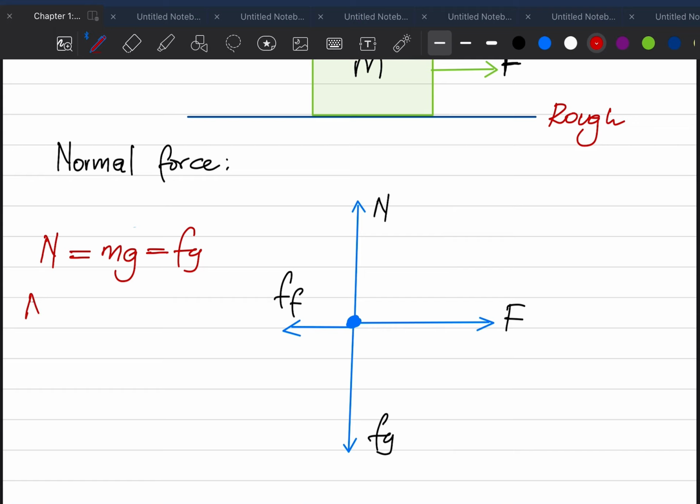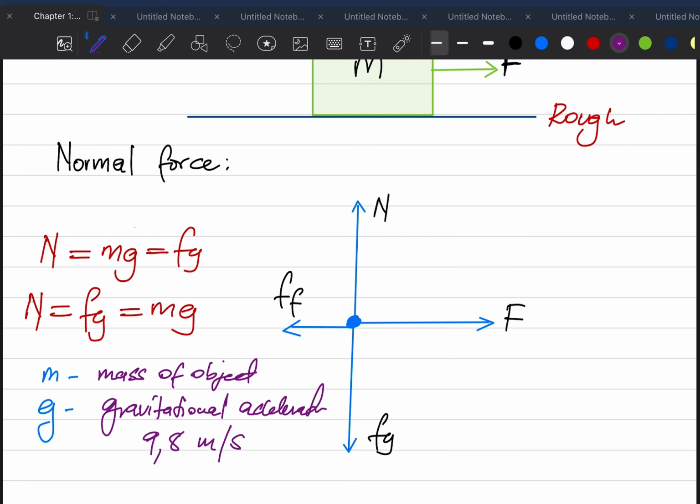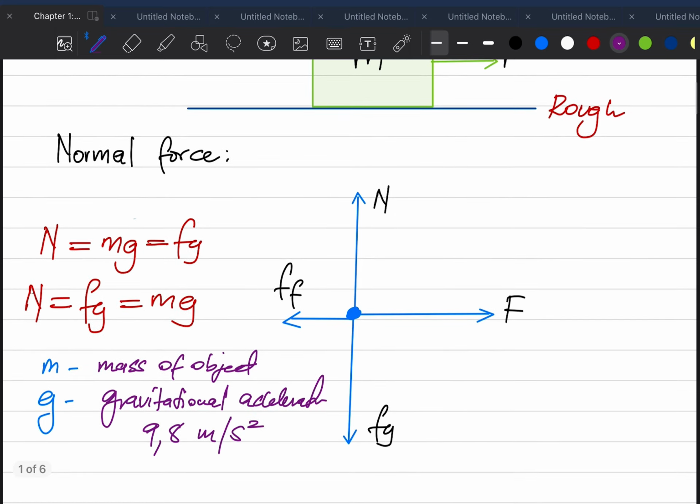Where m is the mass of the object, and g is the gravitational acceleration. So my gravitational acceleration is given as 9,8 meters per second squared. I hope you're happy with this.